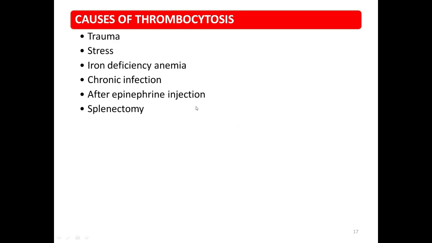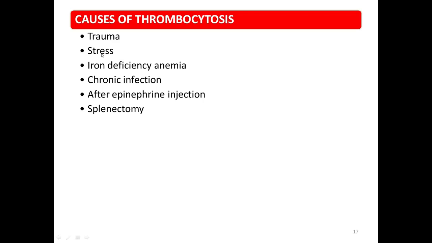So causes can be trauma, like when there is hemorrhage or surgery. During that time, blood loss occurs, right? So what happens? As a compensation for the loss of blood, in the bone marrow the production of cells increases, and that is why the cell count increases.